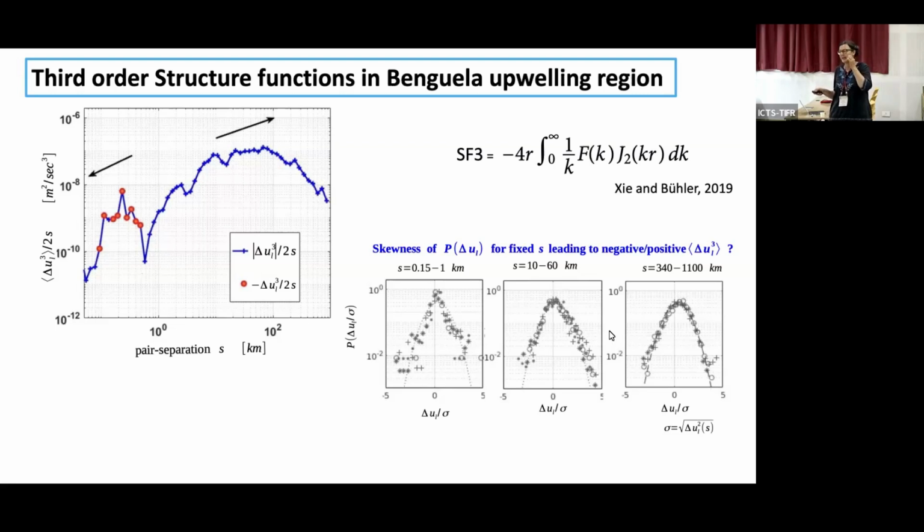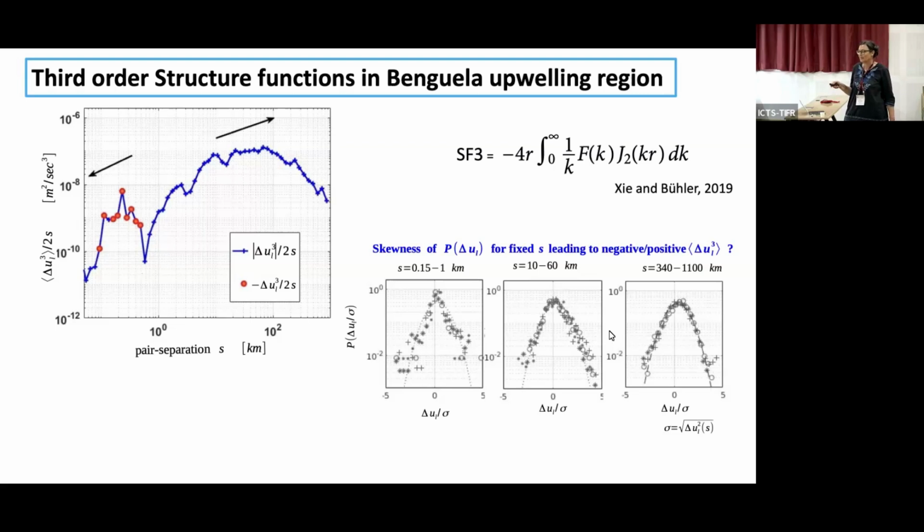If you had a totally Gaussian distribution, you would not get any net contribution to your third-order structure function. And this is what you see here for the diffusive regime at these scales. You can plot this PDF and look at whether you find some skewness.